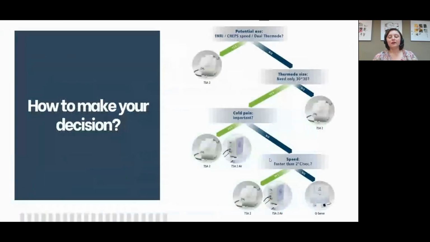And then this is a decision supporting tool that we built based on questions we got asked by potential or existing customers, and some guiding questions that can help you to make a decision. So first of all, you need to think about the potential use of the device, and not just for the current study or current work.